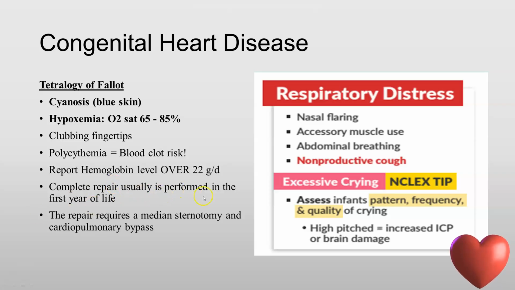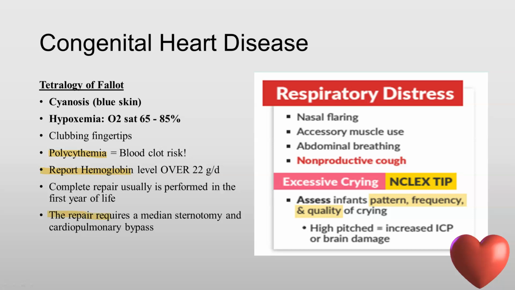We said the complete repair is usually performed in the first year of life, and it involves sternotomy and cardiopulmonary bypass. This is kind of what I always think about, these higher level analysis level questions when you're thinking about tetralogy of Fallot. It's this therapeutic phlebotomy. It's this increased risk for blood clots because of the polycythemia.